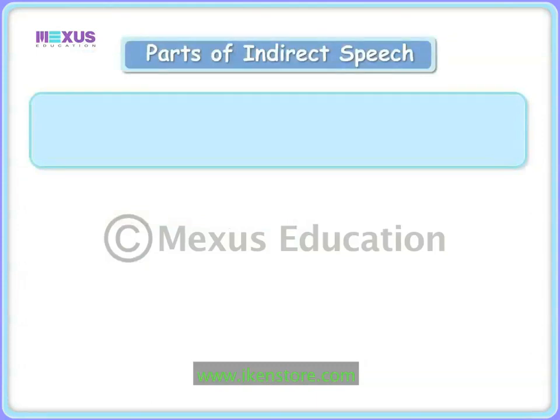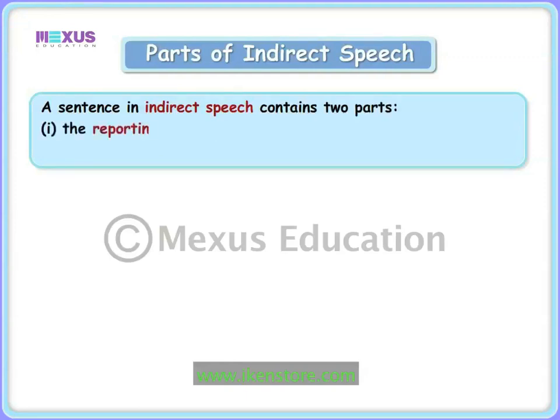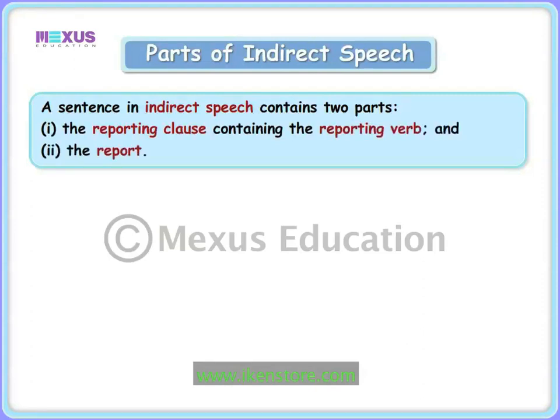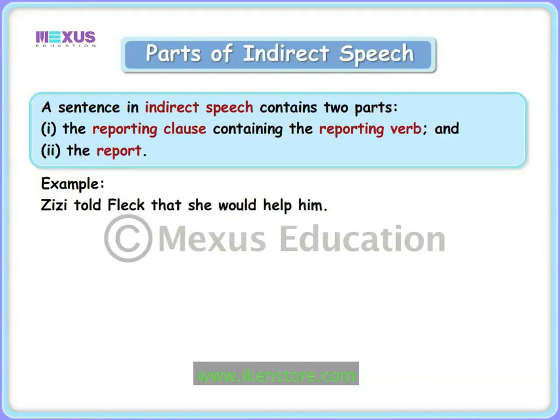As in direct speech, a sentence in indirect speech also contains two parts: the reporting clause containing the reporting verb and the report. Let's look at an example of such a sentence. Zizi told Fleck that she would help him.